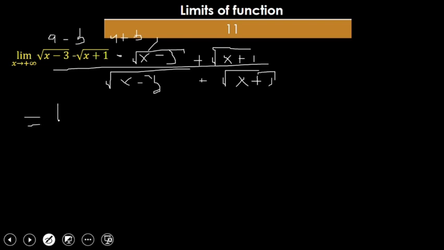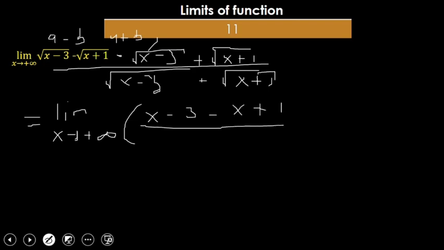This is equal to the limit as x tends to plus infinity of (x minus 3) minus (x plus 1), all over the square root of x minus 3 plus the square root of x plus 1.